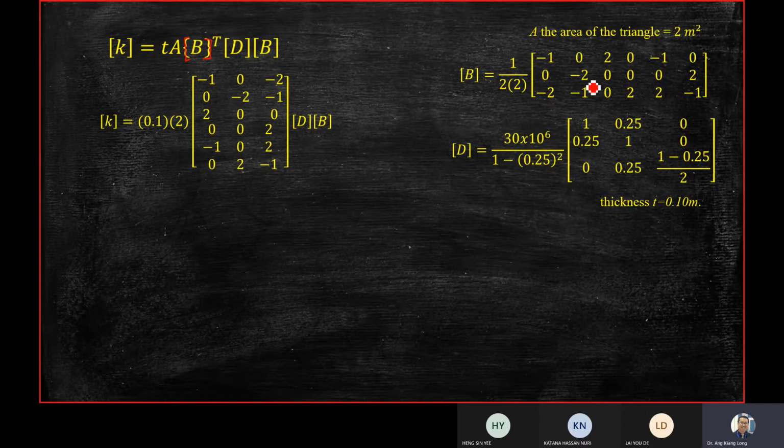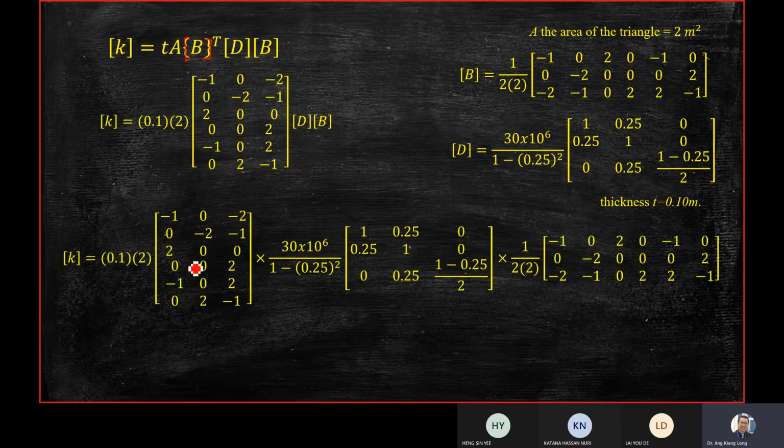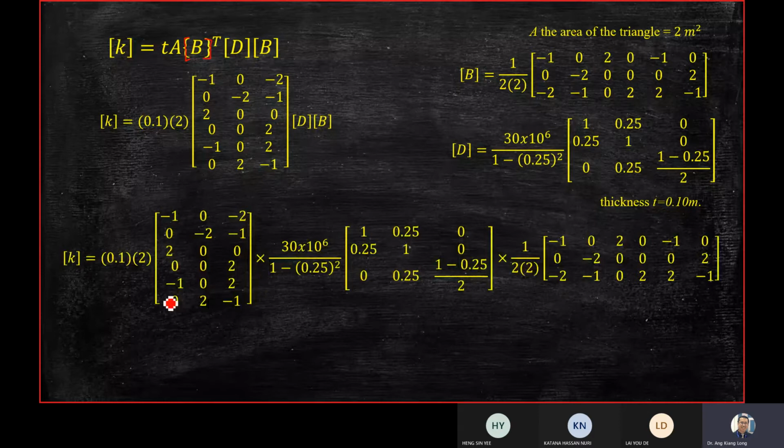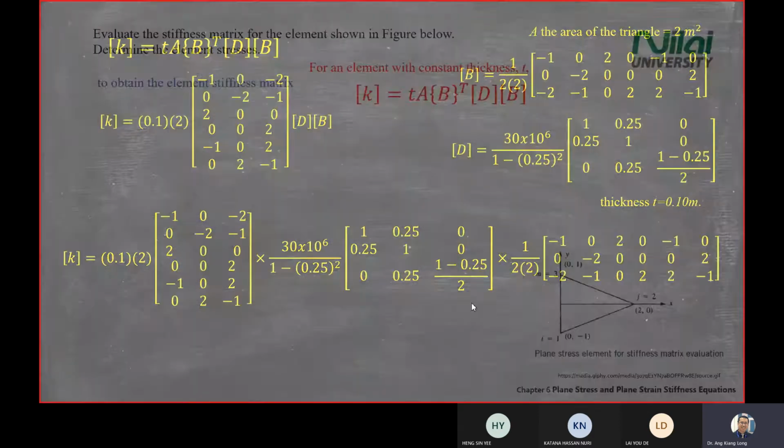So transpose means you transpose the matrix B, the row will become column, column will become row, right? Then you put in the DB, you calculate the DB. This is a very lengthy calculation, but with the online calculator that I show you, it should be easy for you. So with these notes here, you're able to find the K.